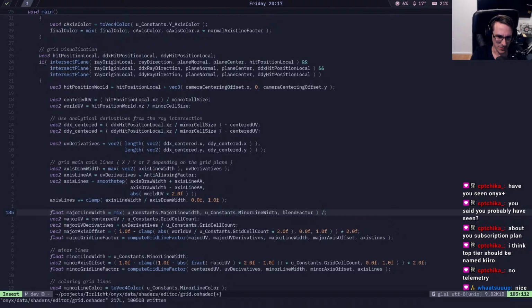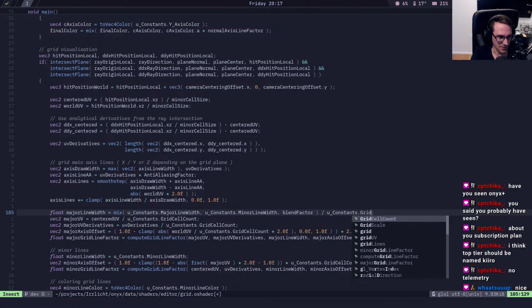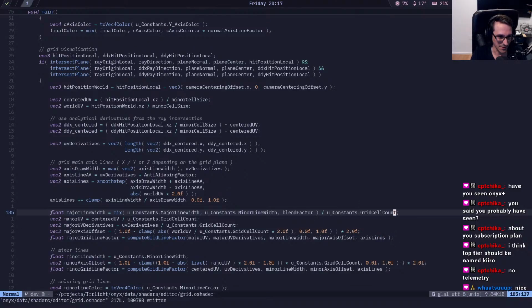We still need to divide that though by our grid cell count so that it's properly scaled like before. Before we did major line width divided by that, and now we do either major line or minor line divided by that because we need to still scale it appropriately to the UVs.